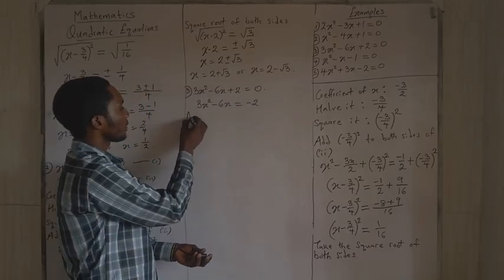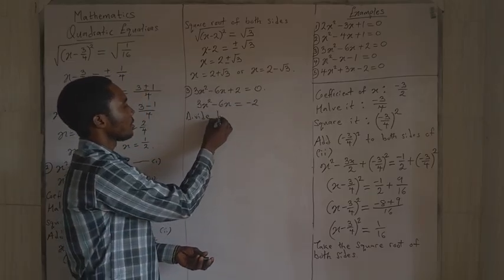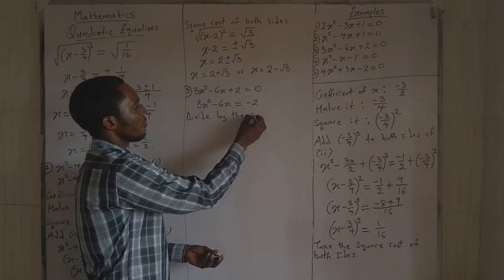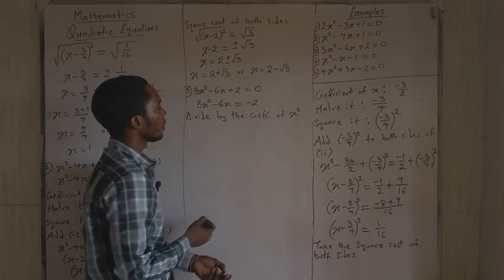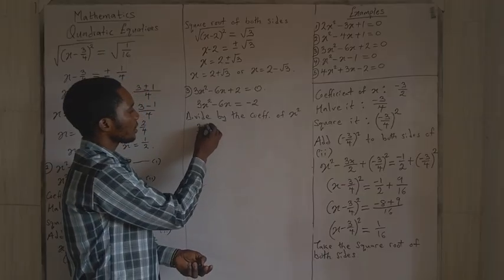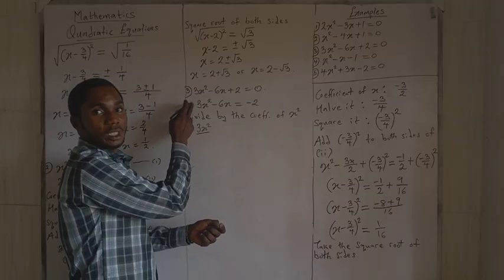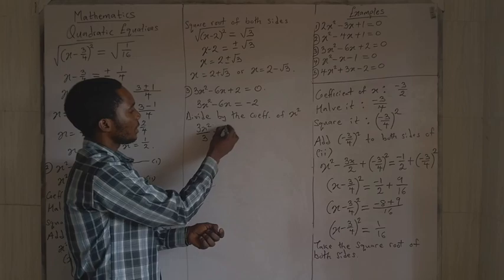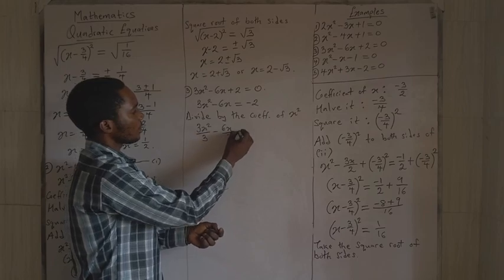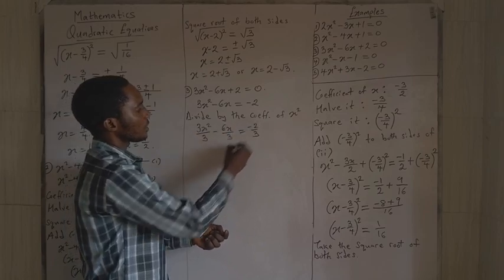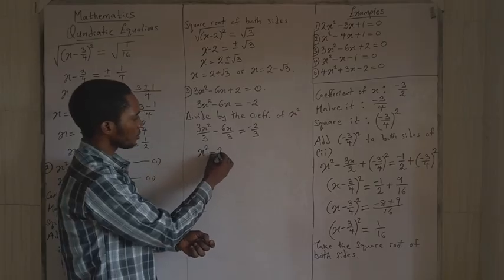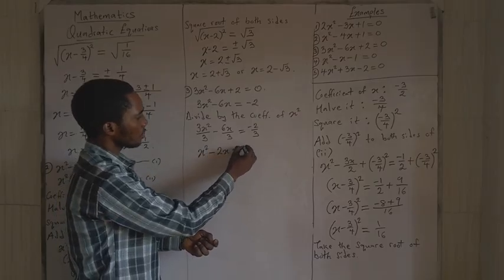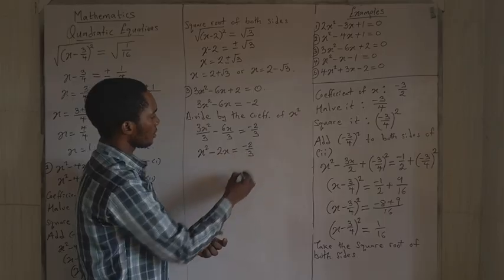Then we divide by the coefficient of x squared. That is 3x squared over 3, the coefficient of x squared here is 3, minus 6x over 3 equals minus 2 over 3. We are going to have x squared minus 2x is equal to minus 2 over 3.